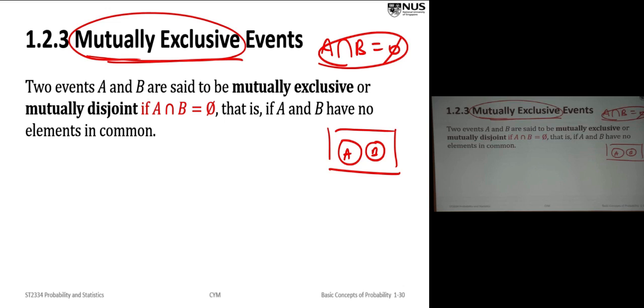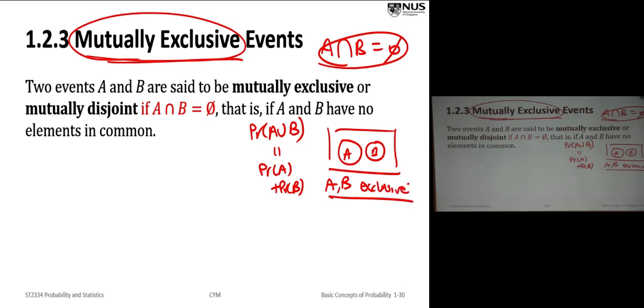Because if I ask, what is the chance of A union B? If A and B are mutually exclusive, then this is equal to the probability of A plus the probability of B. So it makes the computation much easier.